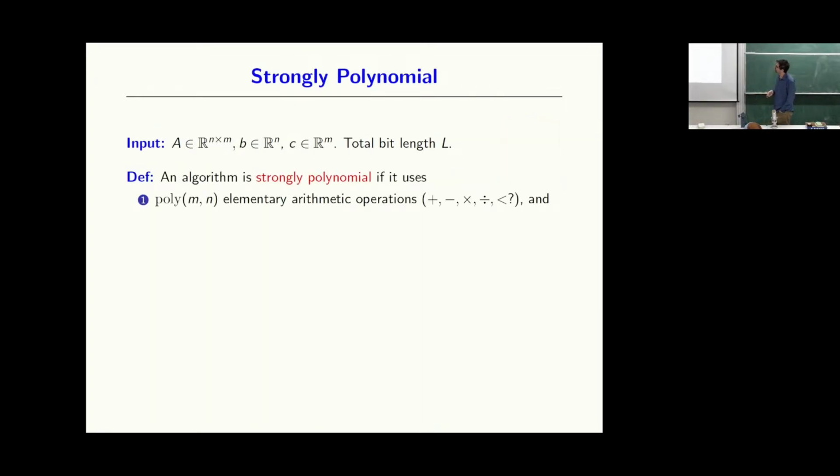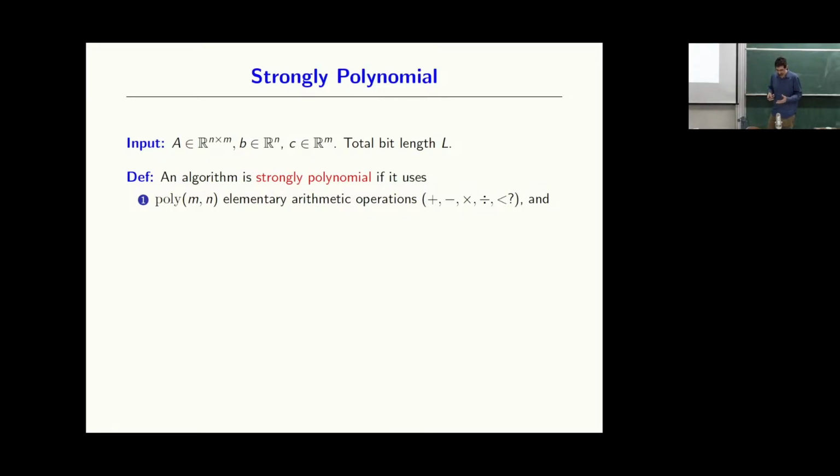All right, so the first two were polynomial. The simplex method, we actually don't know that it's polynomial. But I'm going to introduce another concept, which is a refinement on polynomial time, that was introduced basically because people wanted to see more combinatorial kind of algorithms for linear programming that would take a number of steps proportional to the number of variables and inequalities in the system.